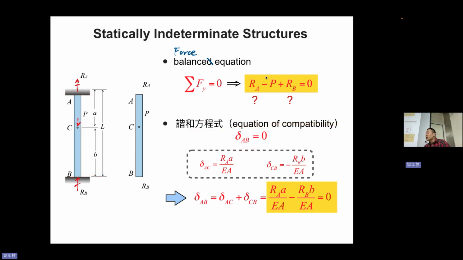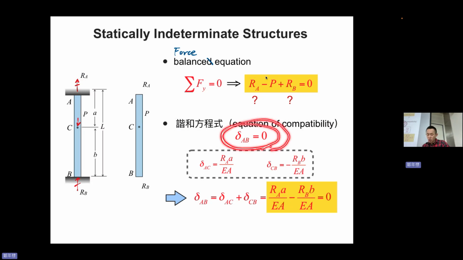You may have other cases depending on what kind of constraint you added. This is not always the case. Please don't memorize this.